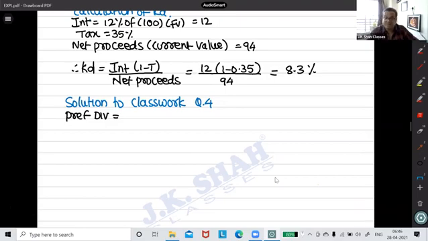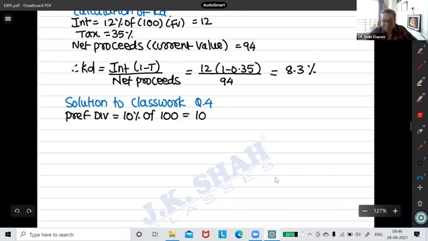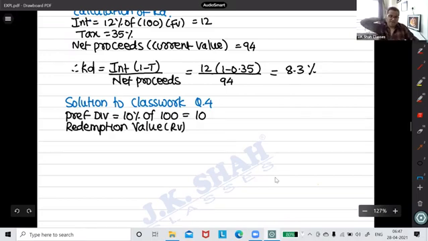It's 10% preference shares, so the preference dividend is going to be 10% of 100 face value, so 10. Then redemption value, in bracket you write RV. That's how we denote it in the formula.